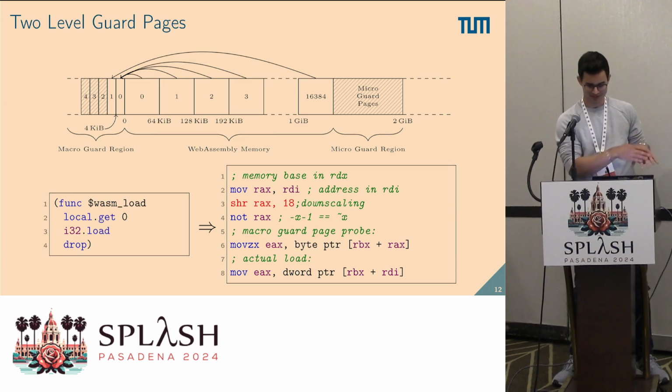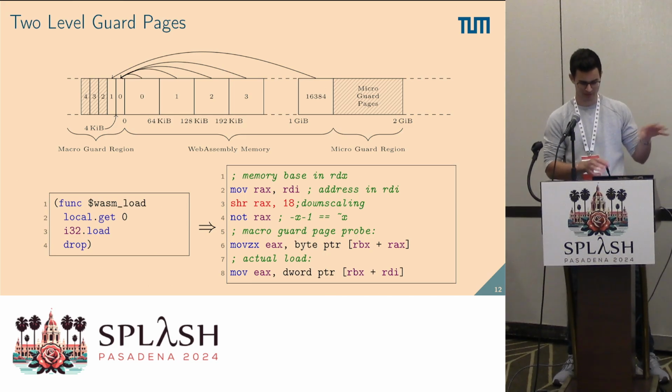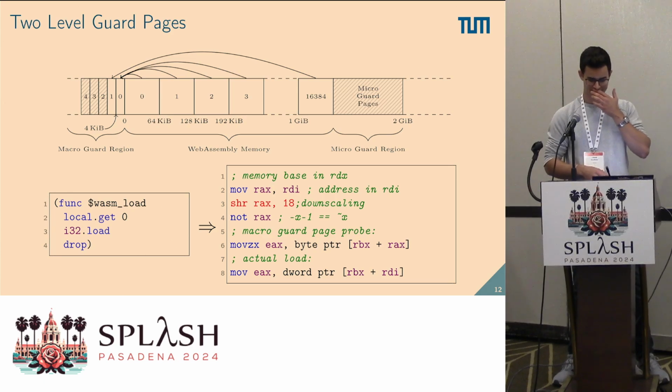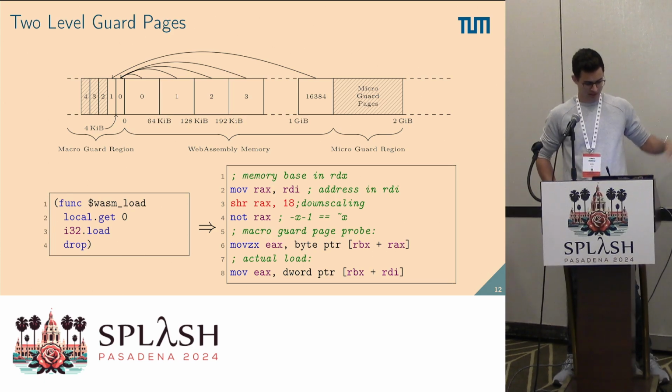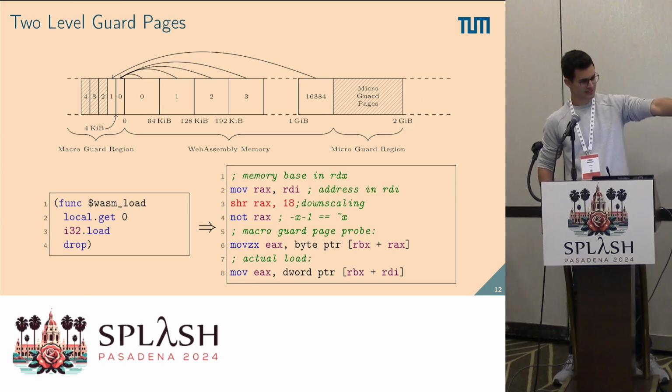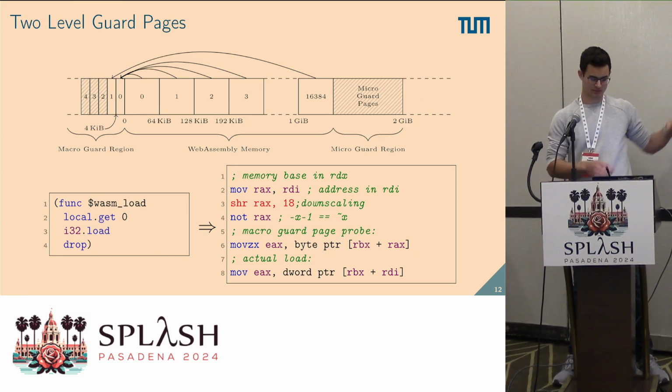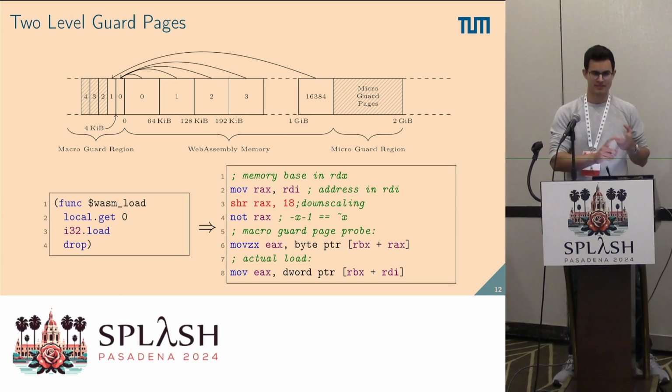So addresses 0 to the address that hits 2 gigabyte minus 1 maps to microguard page 0, and all subsequent addresses to microguard page 1, and so on. Oh, sorry, no, not 2 gigabyte, 1 gigabyte.